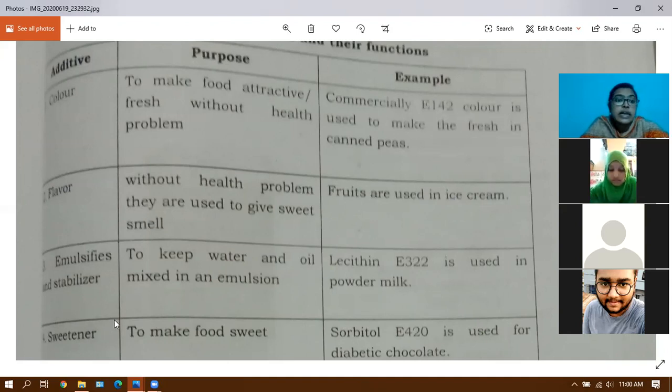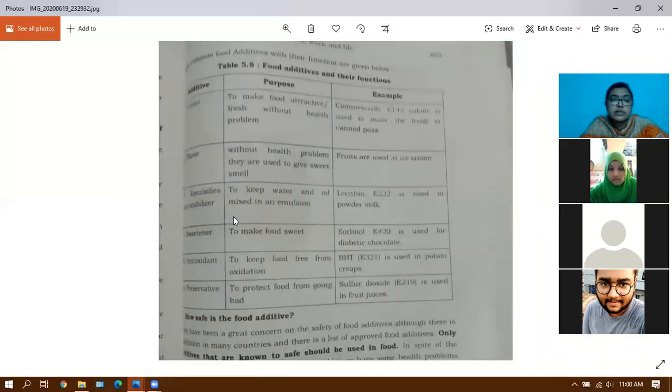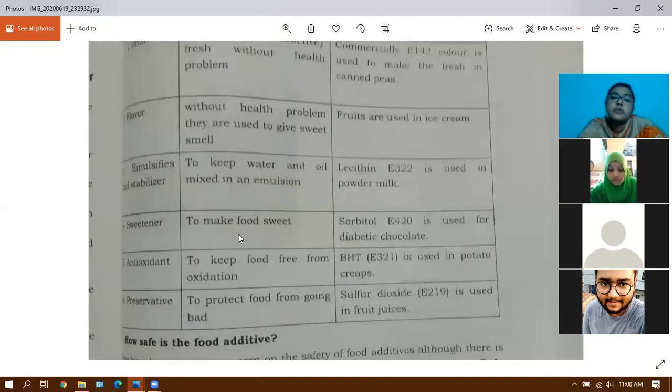Flavor, emulsifier and stabilizer. Sometimes a question is given in your examination. What is an emulsifier? What is an emulsion?